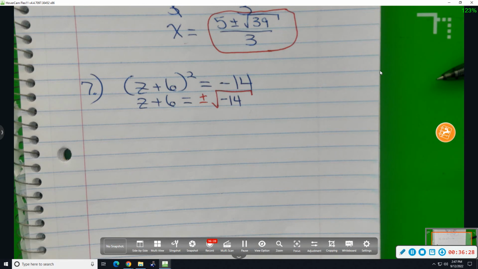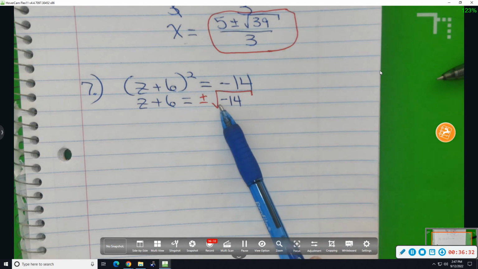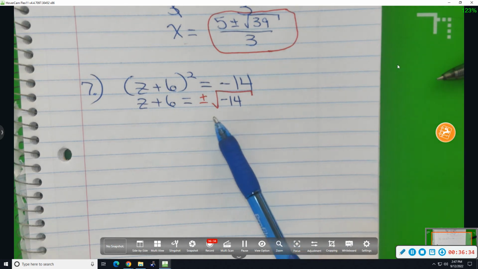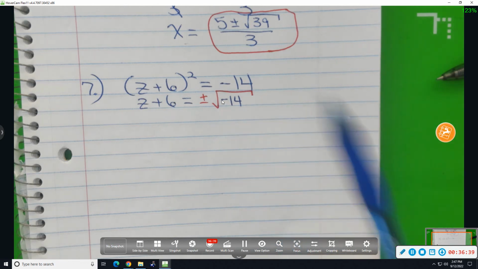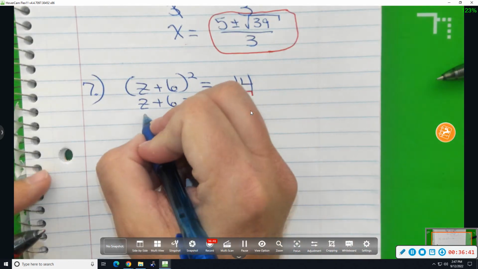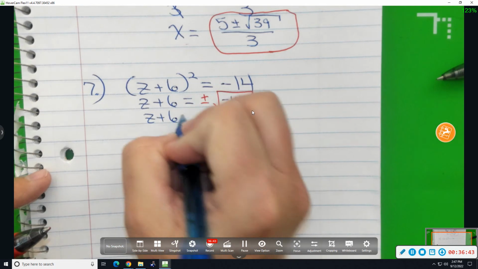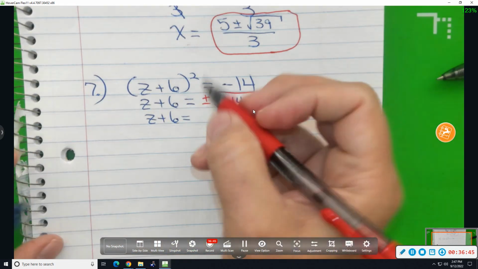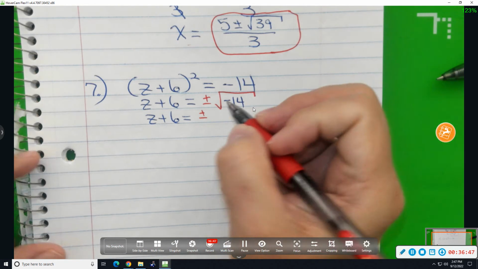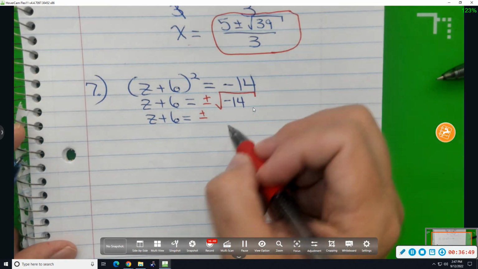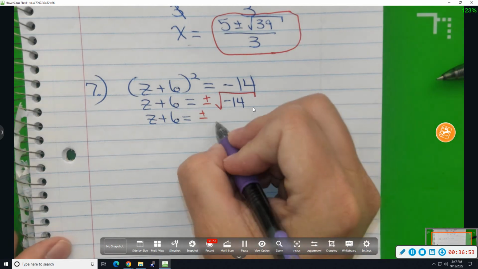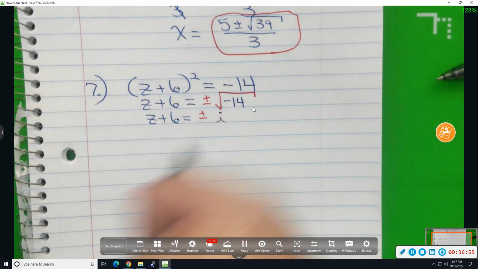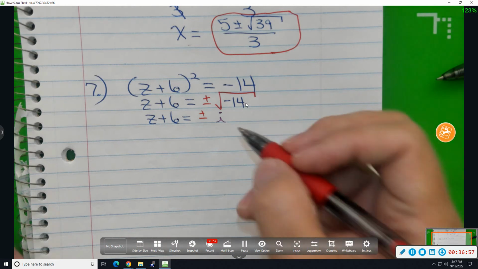That negative under the square root, I'm going to need to bring out an i. What about the square root of 14? Can I simplify that? 7 times 2, but are either of those perfect squares? I'm thinking there's nothing we can do for that square root of 14.